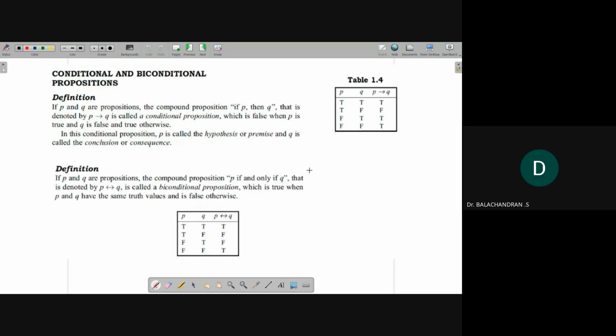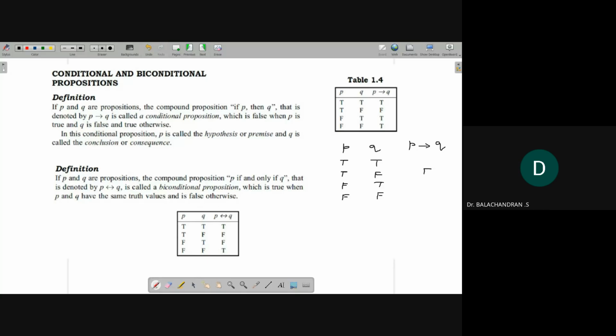Okay, next one is conditional and biconditional. So here in the conditional, I will write P, Q, P implies Q. This is if P then Q. So true, true, false, false, true, false, true, false.